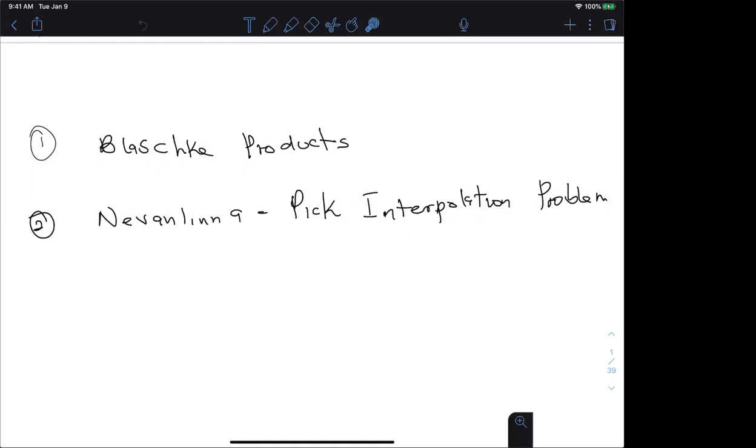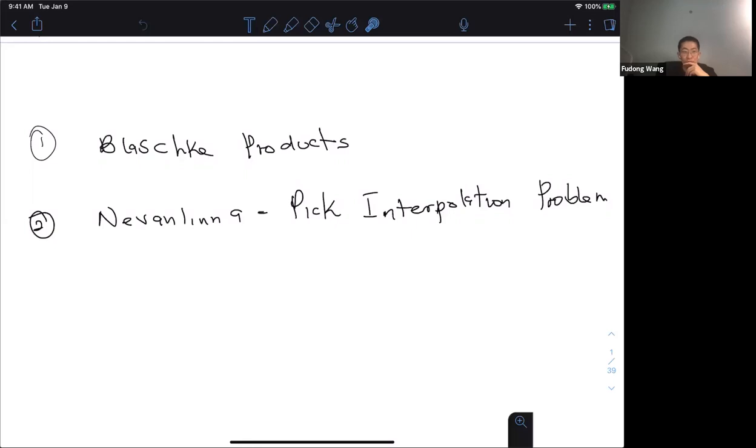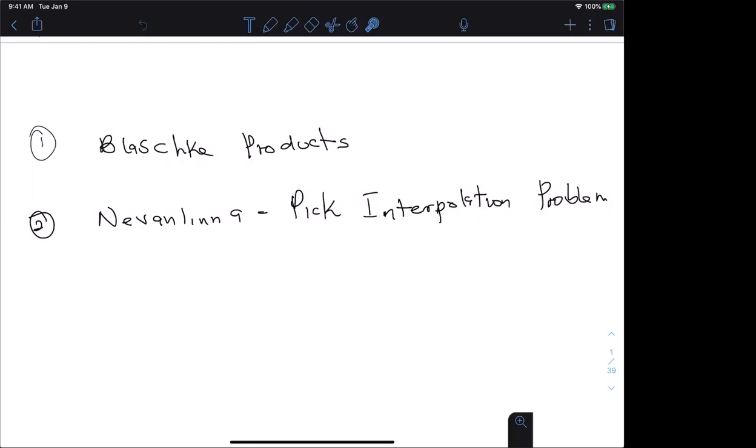Okay, can you guys see my screen? Yep. Okay, all right, thank you, Nathan, and thank you all for joining. I will be giving a very basic introductory discussion on the Nevanlinna-Pick interpolation problem today. It is so basic that no prior knowledge or special background is required to follow what I'm going to talk about.